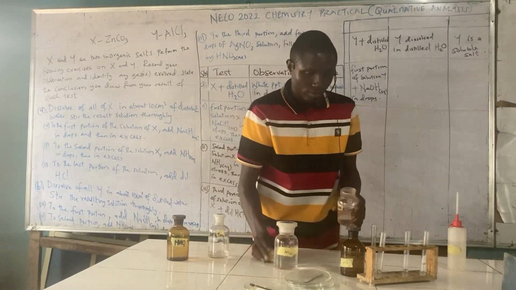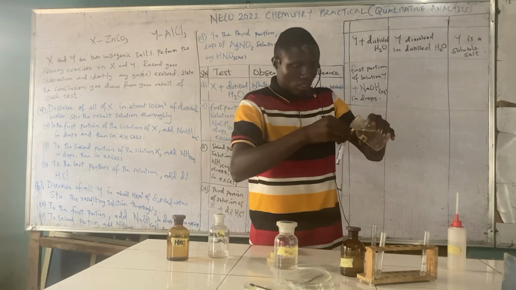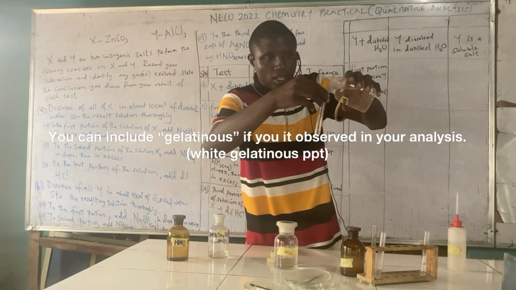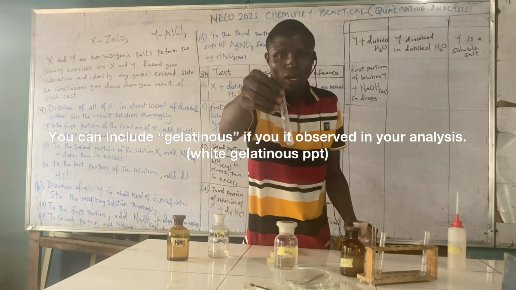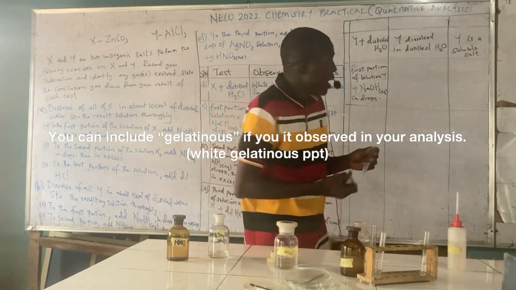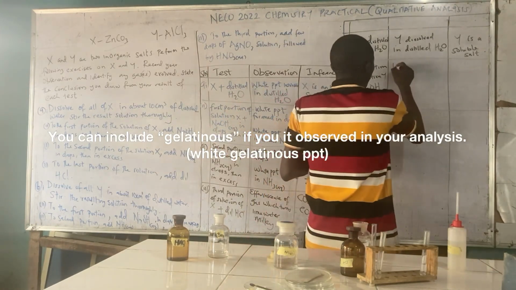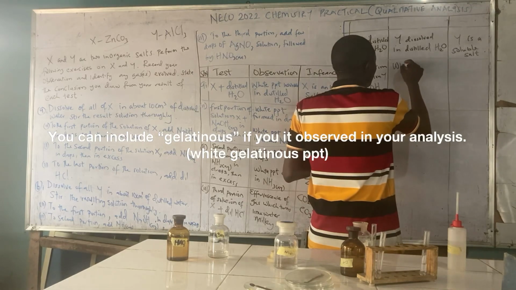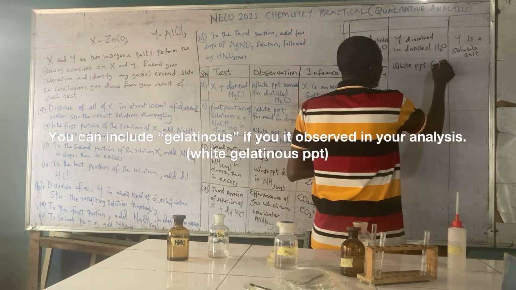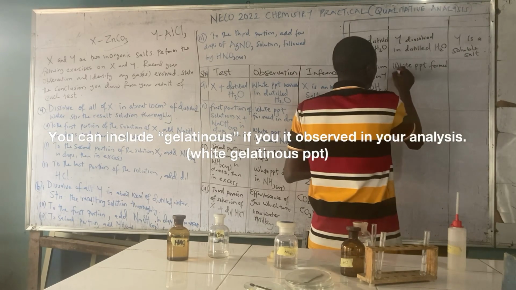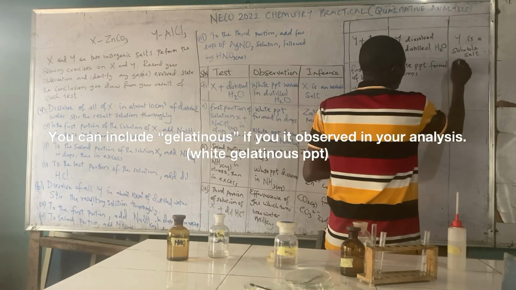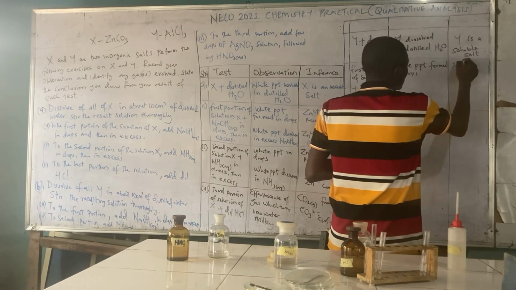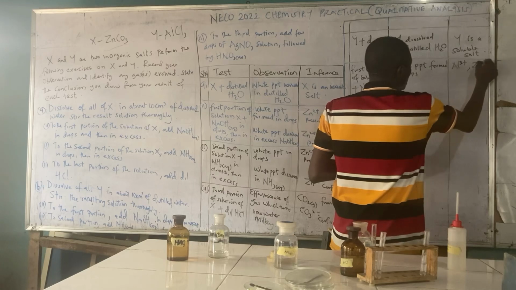Now look at this here. You can see white precipitate formed in drops. So what are the ions that are present? Aluminium 3+ as well as zinc 2+ present.